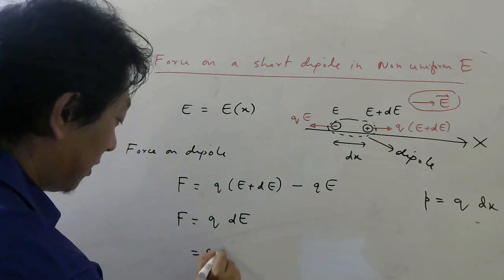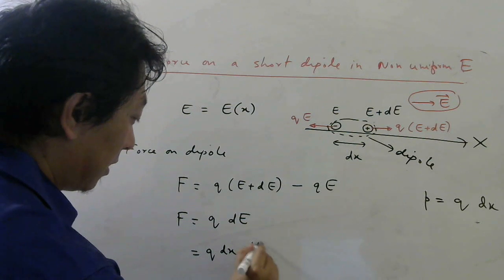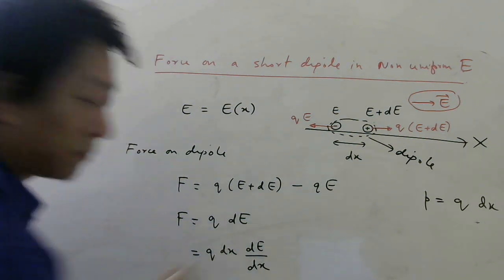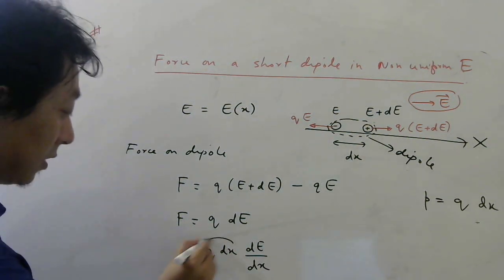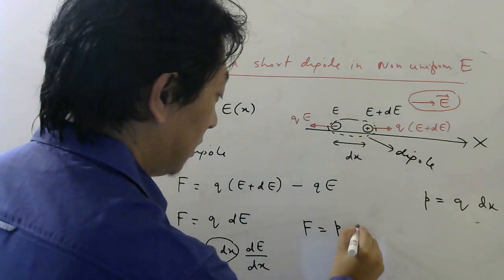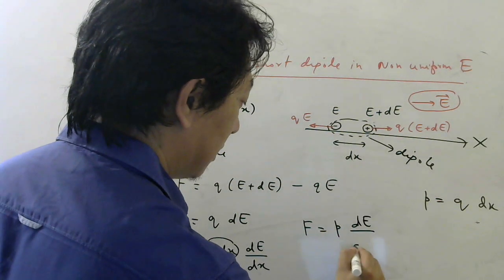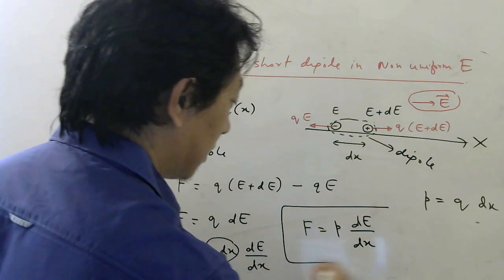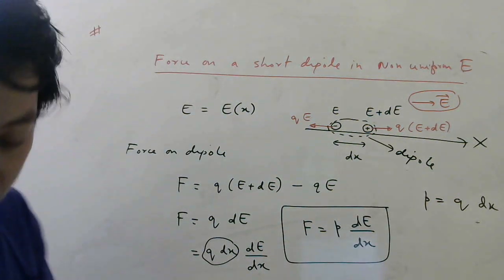Simple trick, multiply by dx, divide by dx. Now you can see this is your dipole moment. So force will be P into dE by dx.